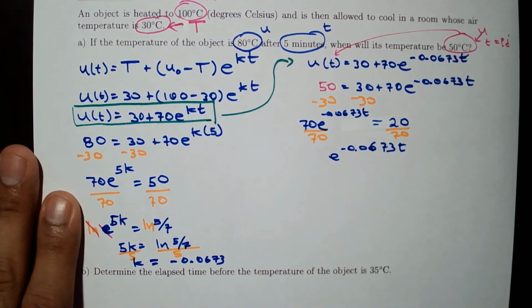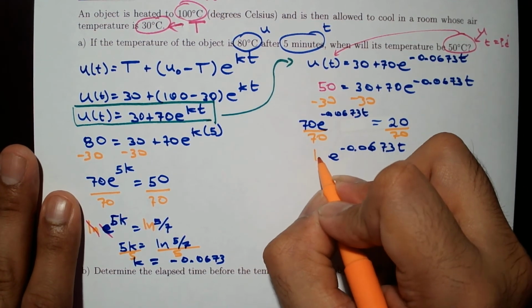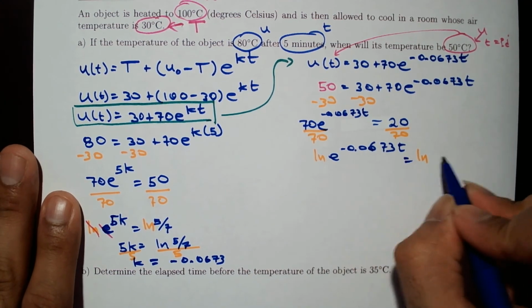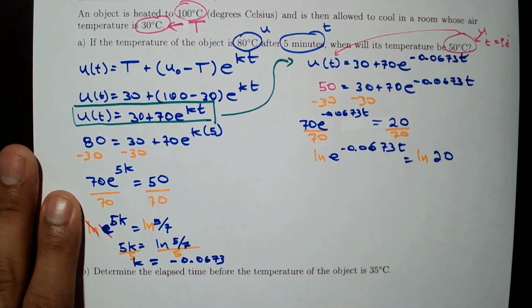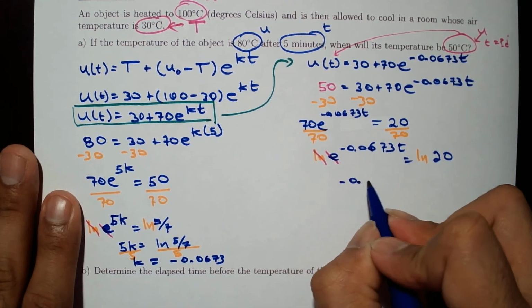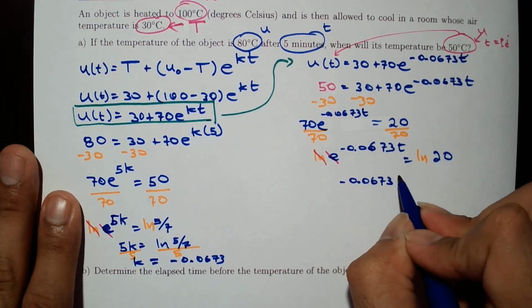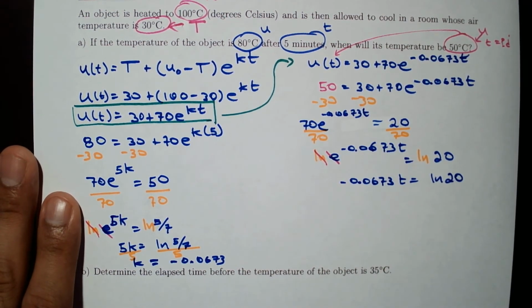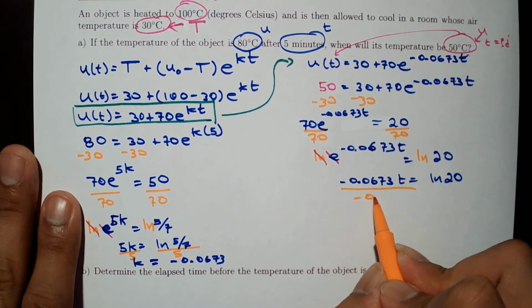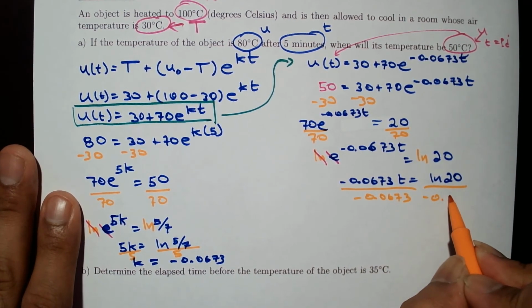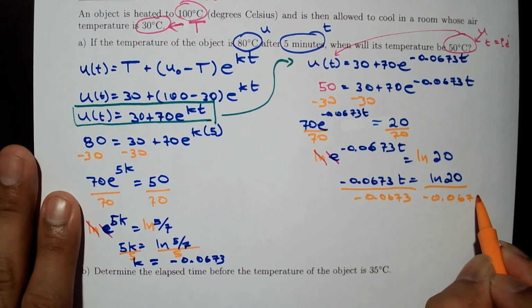Now that we have the exponential term by itself, take ln to both sides and cancel the ln with the exponential. Negative 0.0673 t equals ln of 20 divided by negative 0.0673.